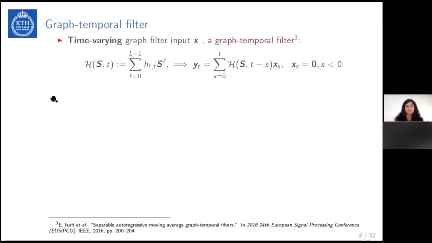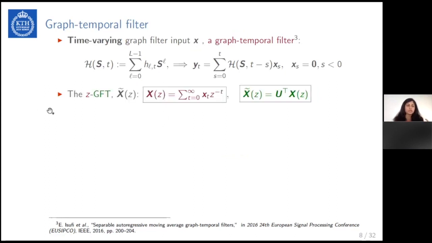To express that, there is the concept of a graph temporal filter, which combines both the graph domain and the time domain descriptions. Equivalently, you have a ZGFT, which is the Z transform and the graph Fourier transform combined, operated one after the other. And you can have a joint transfer function describing this graph temporal filter.